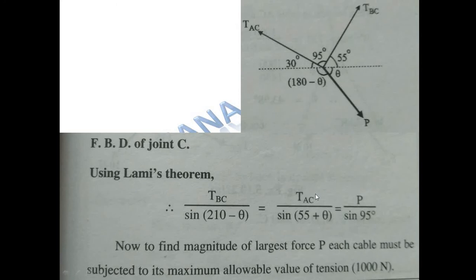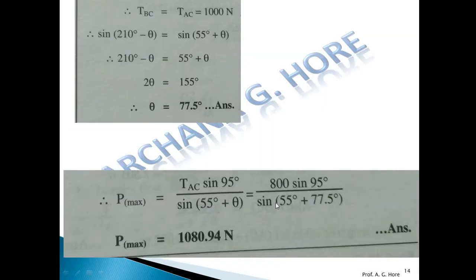So if the numerators are the same, we can equate the denominators. So the denominators must be the same, their values must also be the same. So equating the two, the sine gets cancelled. Simplified, collect the theta terms, and then we get the value of theta, that is equal to 77.5 degree. Now put that in the above equation.